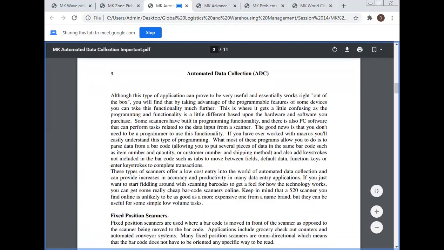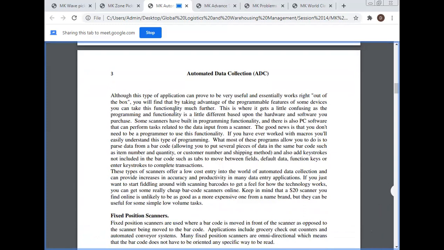Automated data collection. Although this type of application can prove to be very useful and essentially work right out of the box, you will find that by taking advantage of the programmable features of some devices, you can take this functionality much further. This is where it gets a little confusing, as the programming and functionality is a little different based upon the hardware and software you purchase.